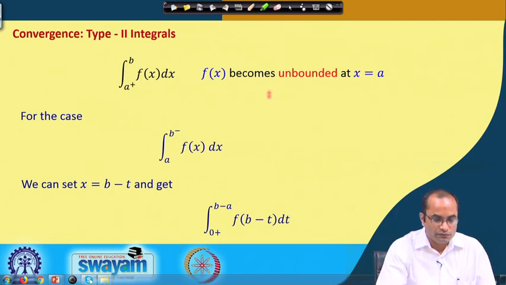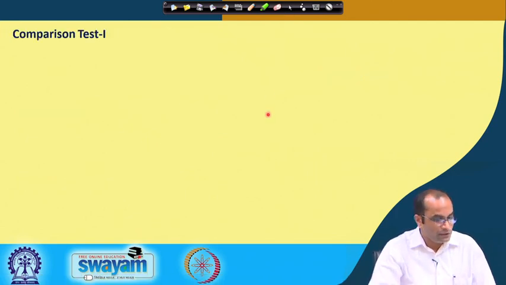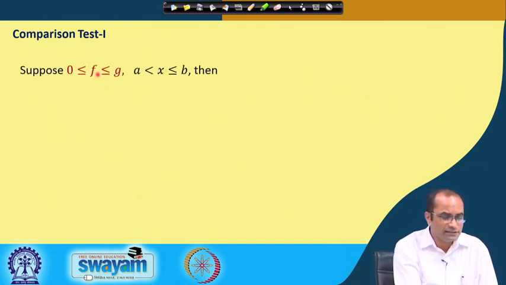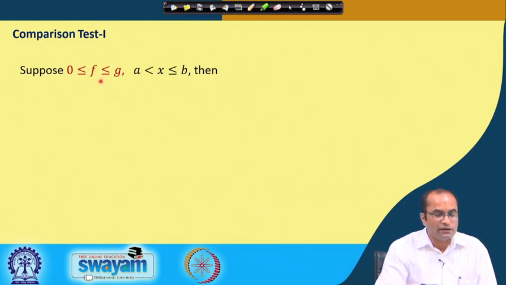Moving now to the next, we have the comparison test, similar to the one we discussed in the previous lecture for integrals of type 1. Again we suppose we have an inequality for the values of the functions between a and b: f is taking non-negative values and g is taking larger values than f.